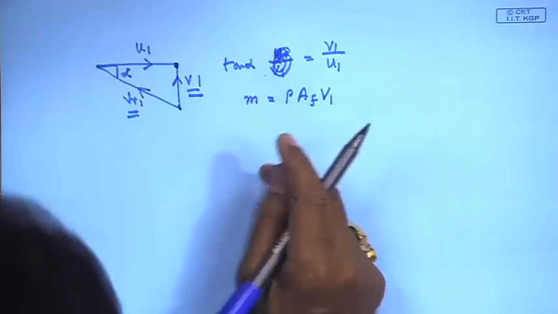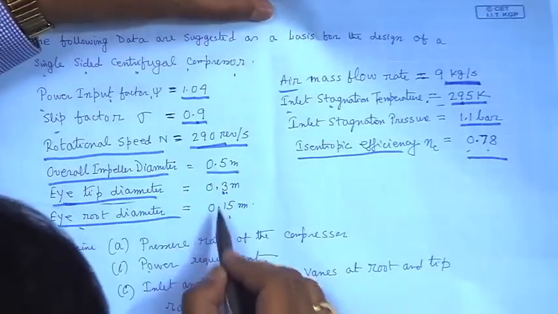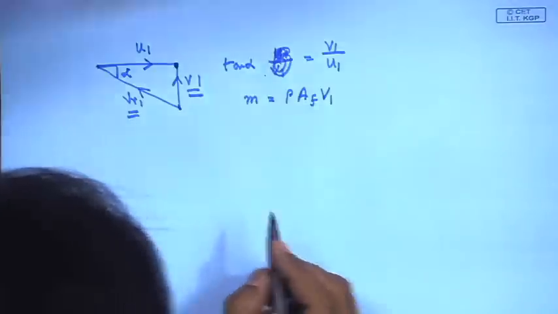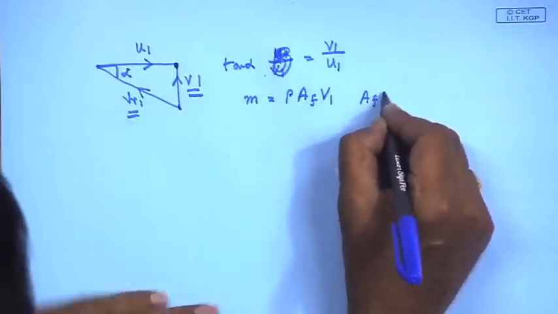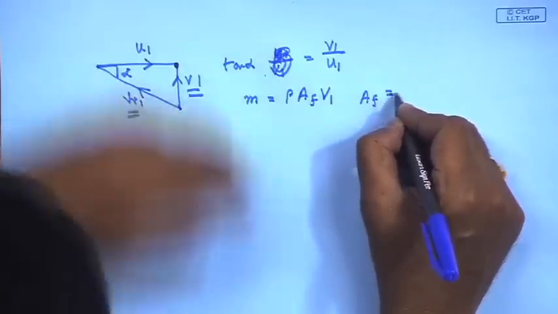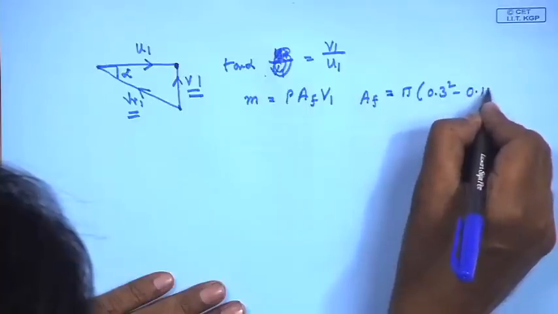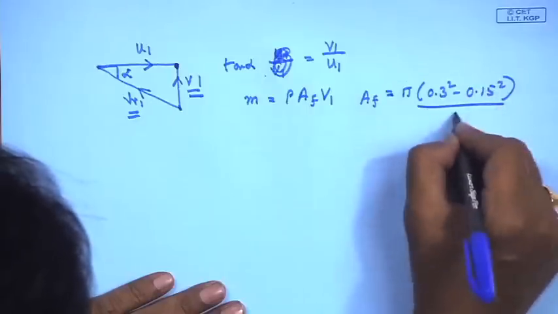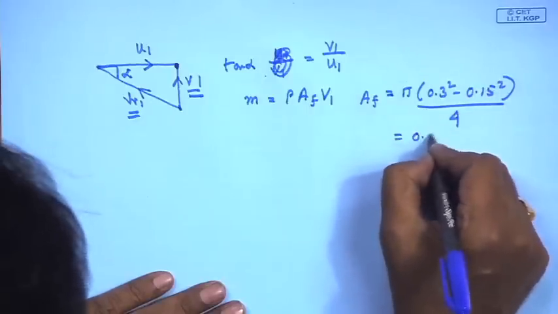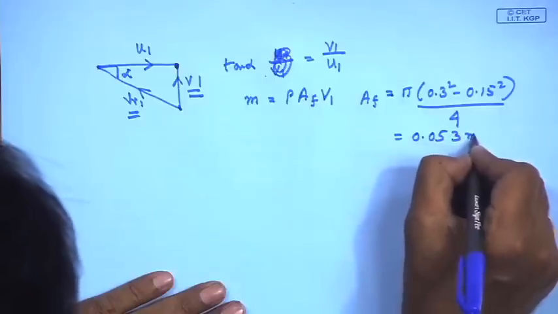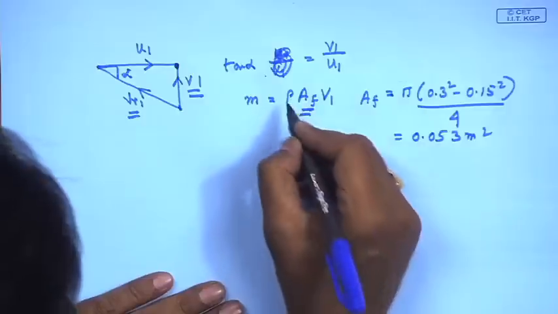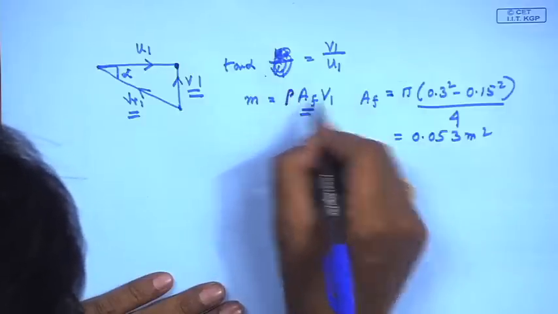Now AF is given, because the tip diameter and root diameter are there. So one can find out AF as pi into 0.3 square minus 0.15 square by 4, and this becomes 0.053 square meters. So I know AF.